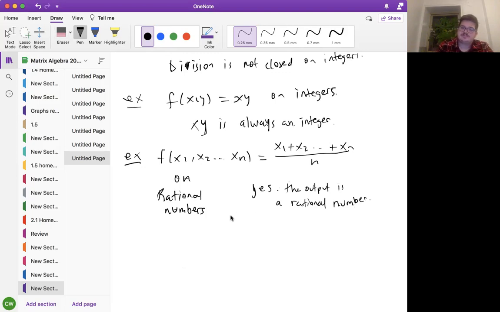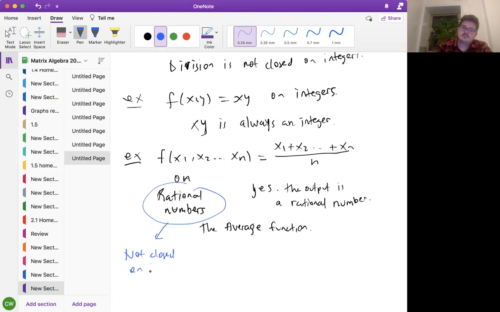It's an average, right? I take the sum of the numbers and divide it by the amount of numbers. That's average. So that's fine under rational numbers, but not on integers. Okay, so any questions on closed operations?